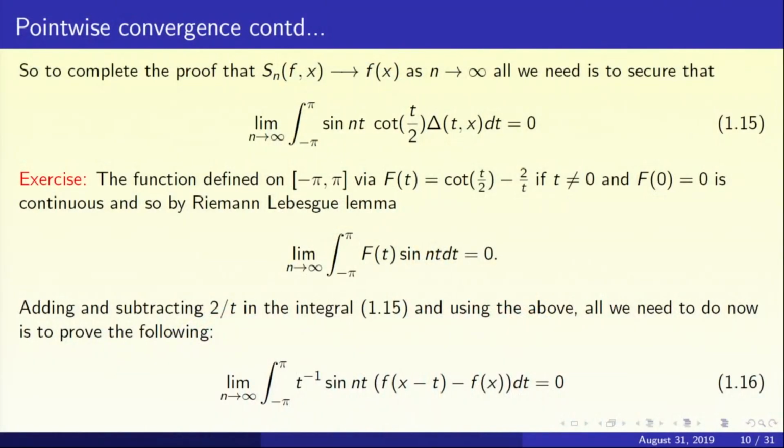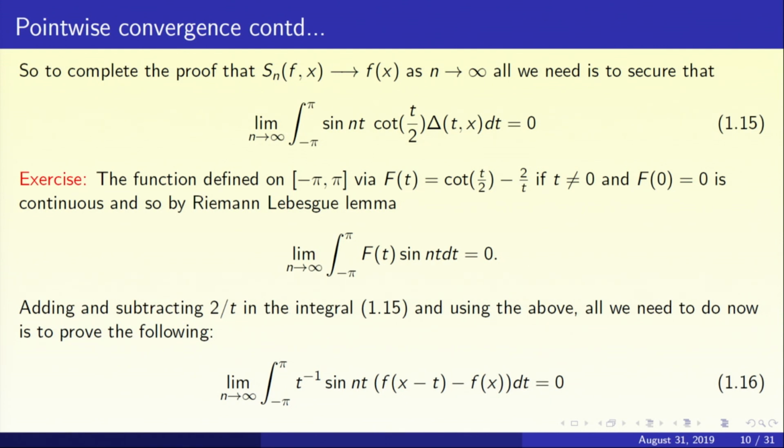So go back to equation 1.15. From the cot(t/2), subtract 2 upon t and add 2 upon t. What are you going to get? You are going to get the integral from minus pi to pi of sine nt multiplied with capital F(t), which is cot(t/2) minus 2 by t.